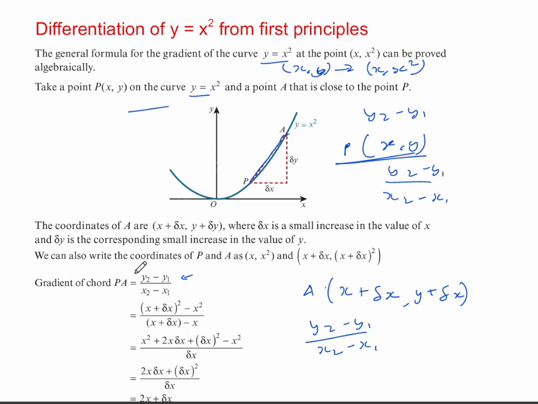From this we know that y2, which is the y of A, is just x squared, right? So we're going to write that down: (x plus a small increase in x) squared, minus y1, which is the y value in P, which as we know is x squared. Then divide by x2 minus x1, and we're going to do the same thing right here.